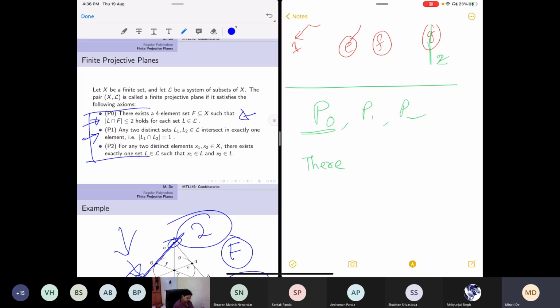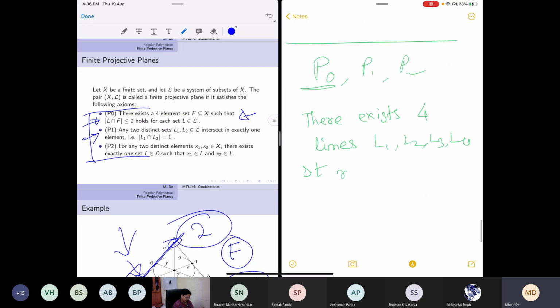There exist 4 lines, let's say L1, L2, L3 and L4, such that no 3 of them are intersecting at one point.